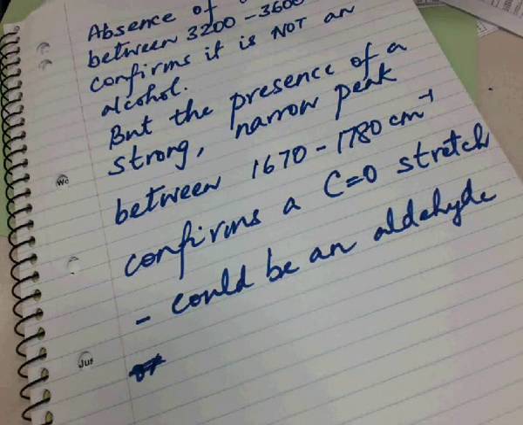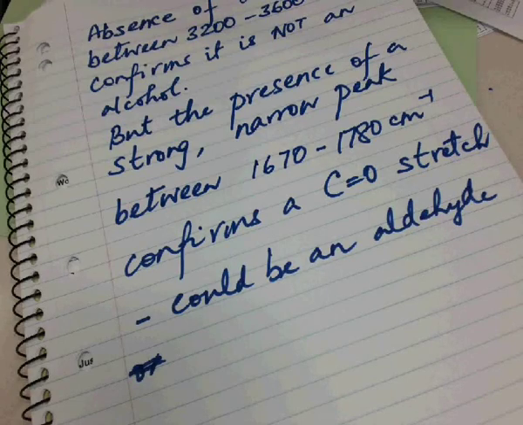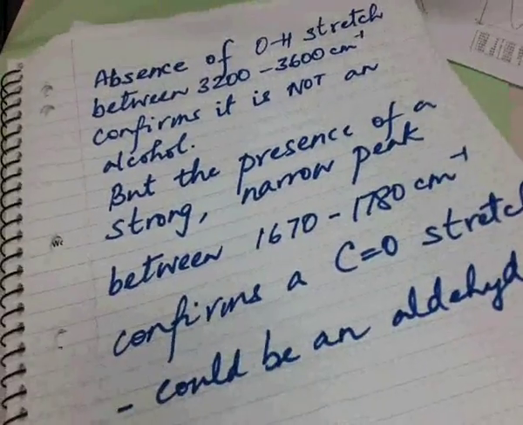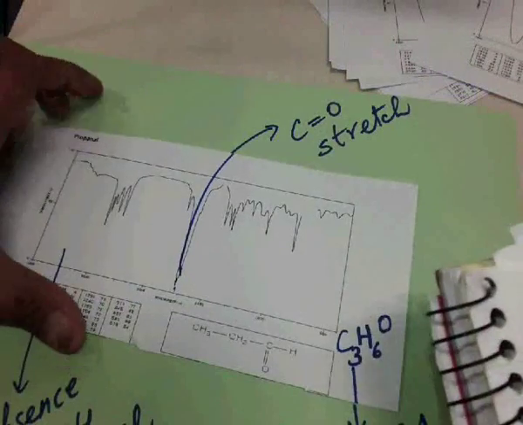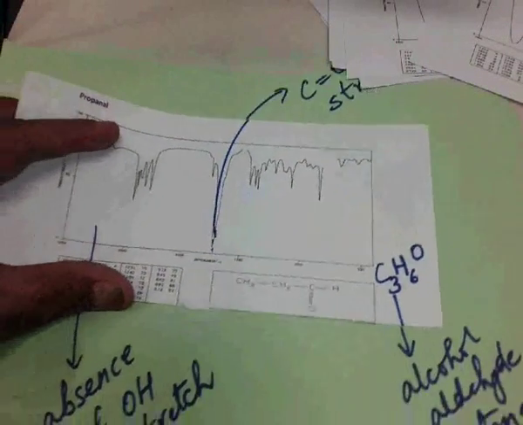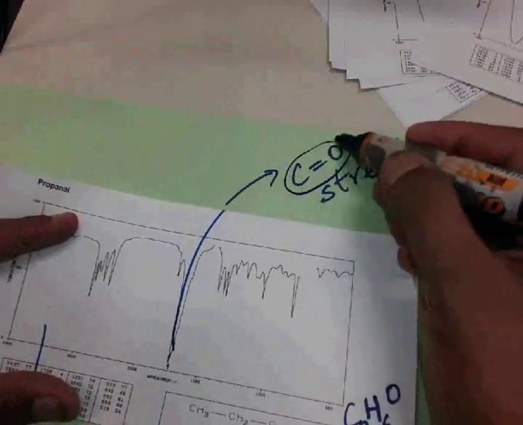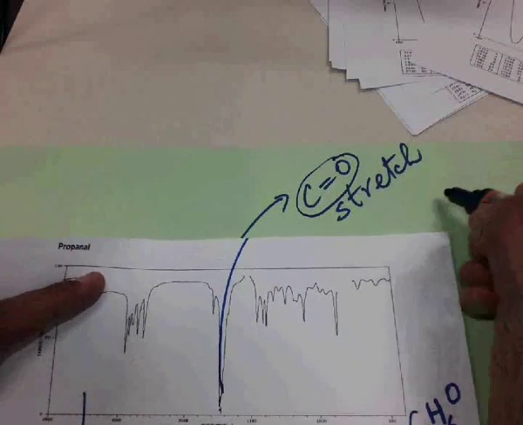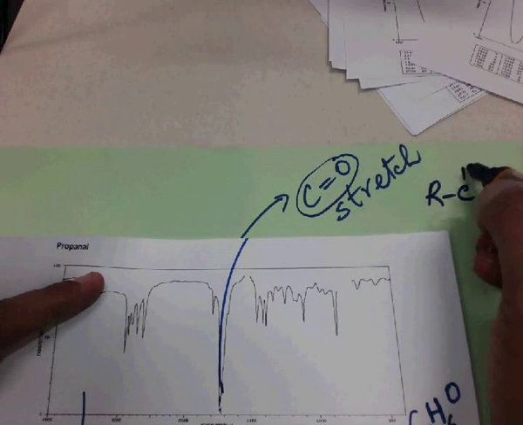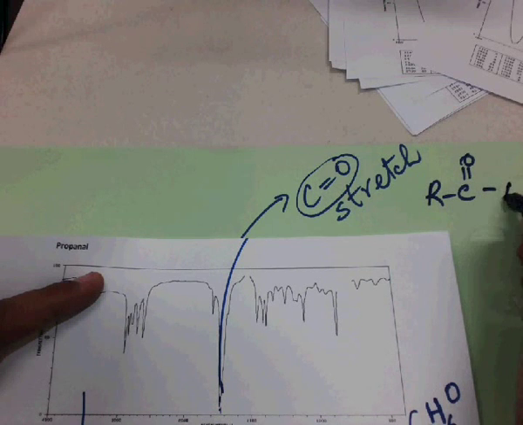Okay, so we have covered what an IR spectrum for a ketone looks like and what it looks like for an aldehyde. What is similar in both of them is this C double bond O. In a ketone, you have R, C double bond O, and then R dash.